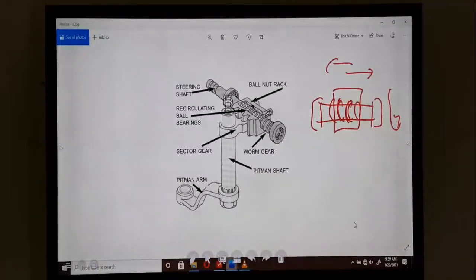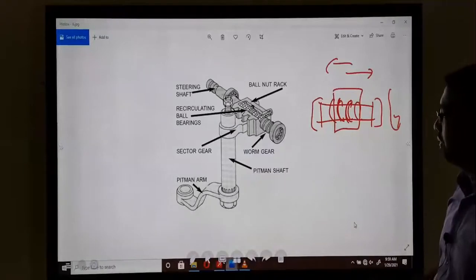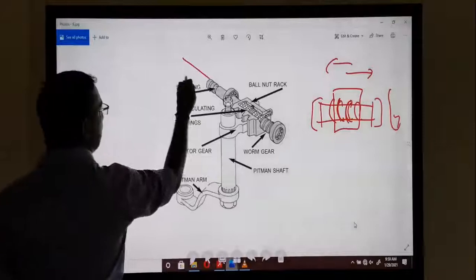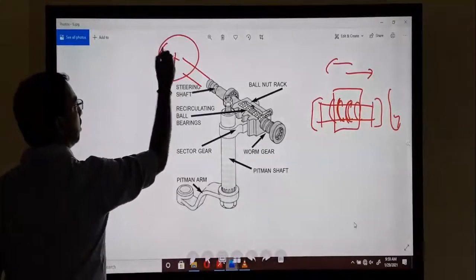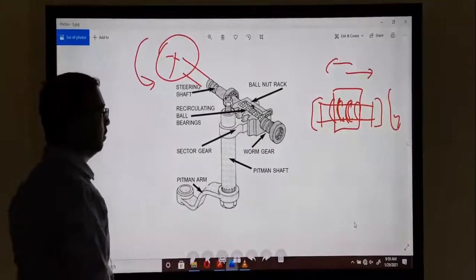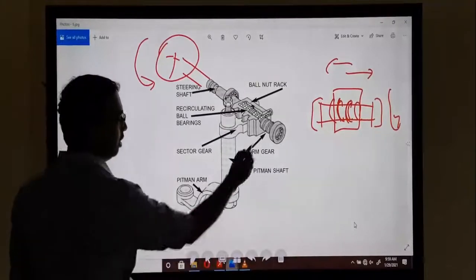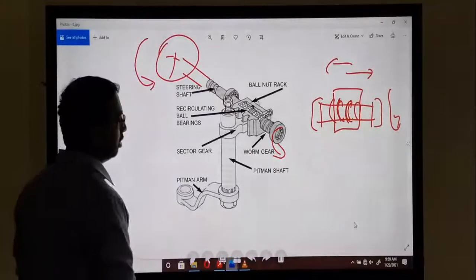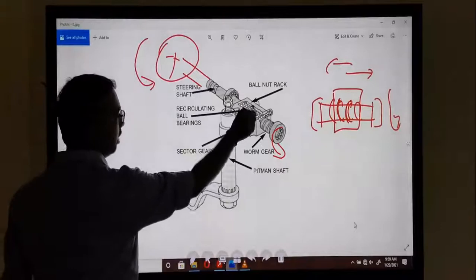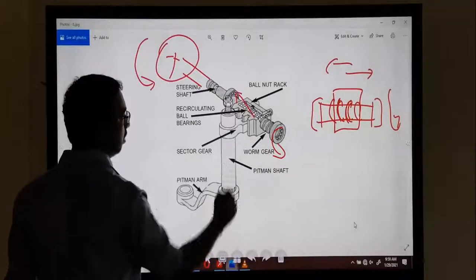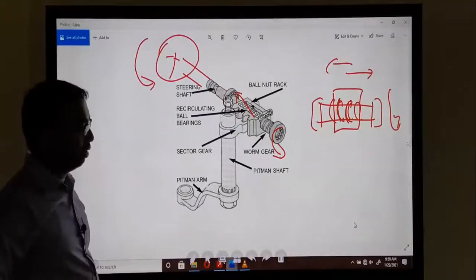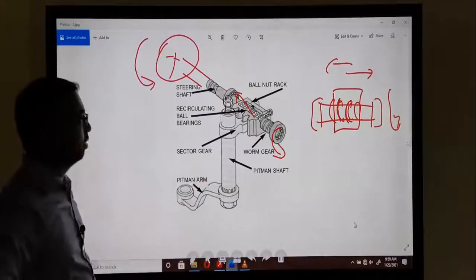When the steering is rotated like this, this shaft is also rotated like this. That time this ball nut track moves this way on the worm gear.